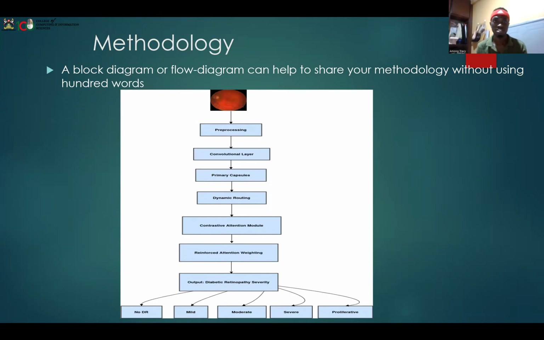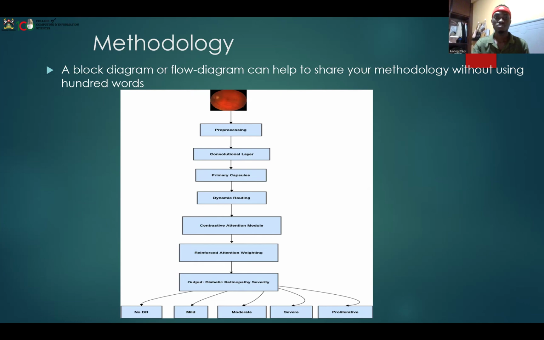This is the methodology, the flow diagram. Let me go through it quickly. So at the top, we have the image that is given to the model by the user. Then the model will pre-process it. The pre-processing can be in terms of resizing it, then normalizing it, or even augmenting it.